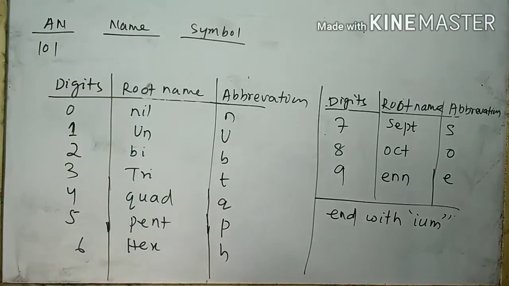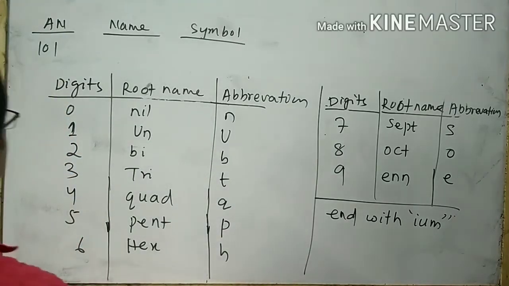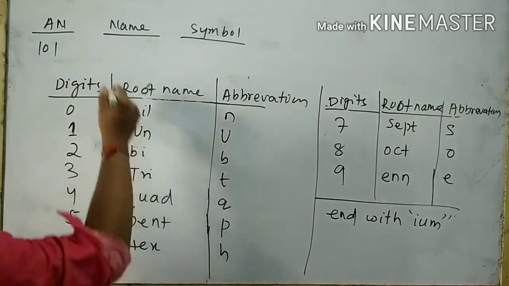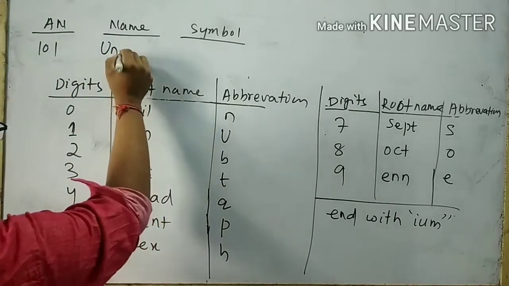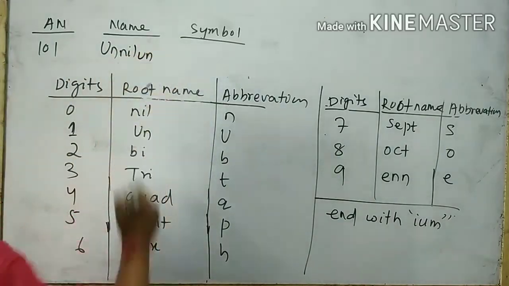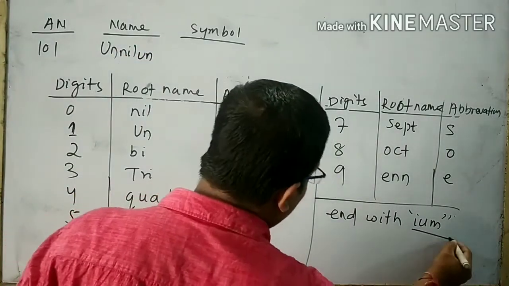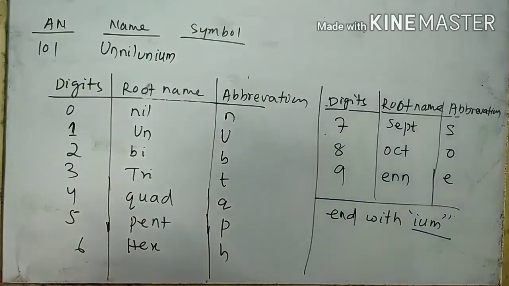What will be the name of the element which has atomic number 101? For 1 we use un, for 0 we use nil, for again 1 we use un, and it ends with IUM.